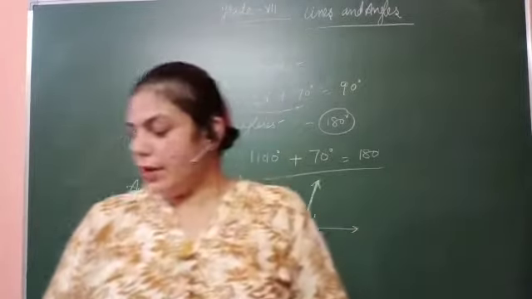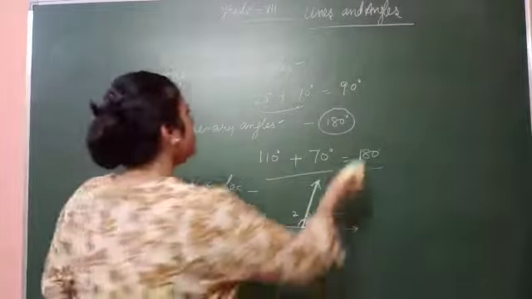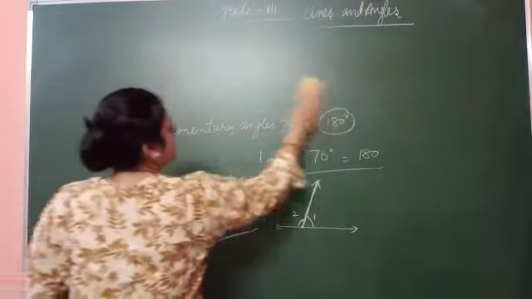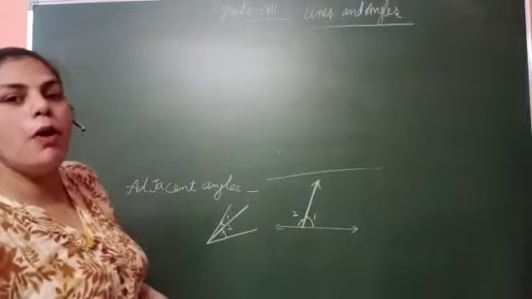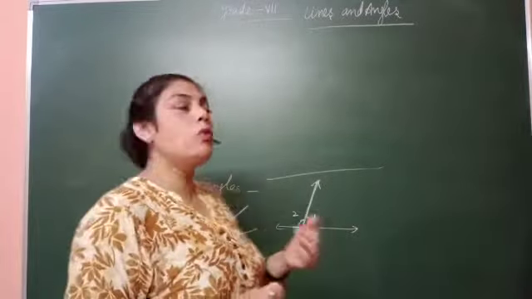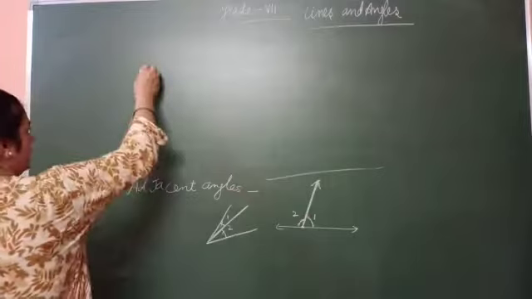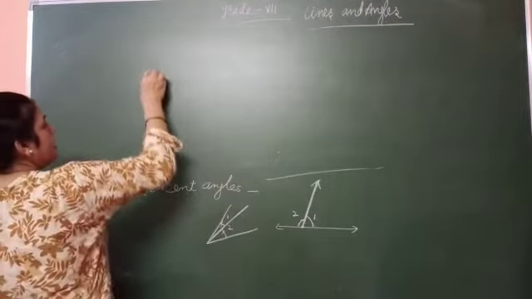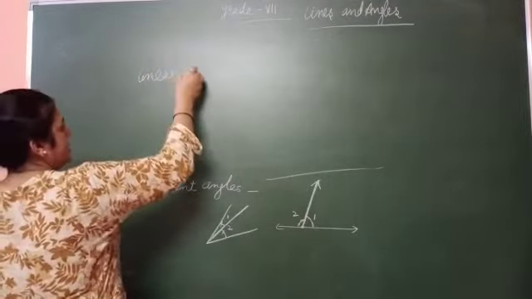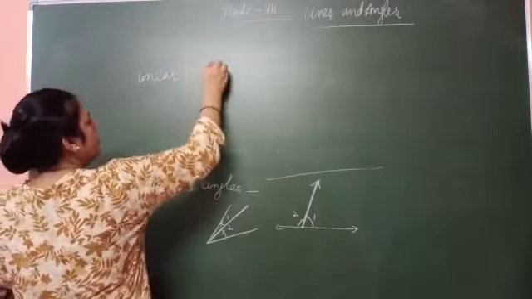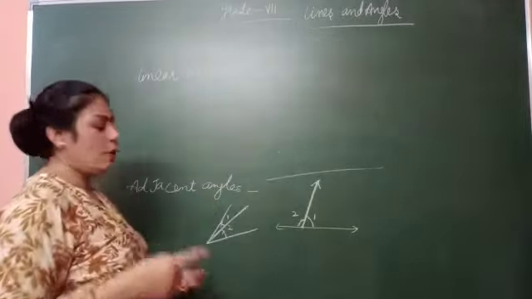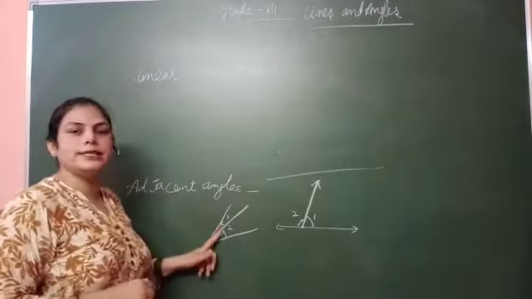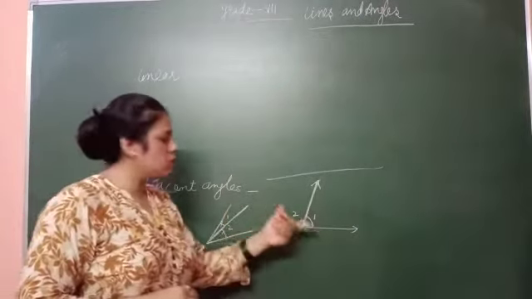Clear? Now next, come to the linear pair angles. Linear pair angles means the sum of two angles is 180 degrees. What type of angles are these? They should be adjacent. Linear pair angles are those when the sum of two adjacent angles becomes 180 degrees.